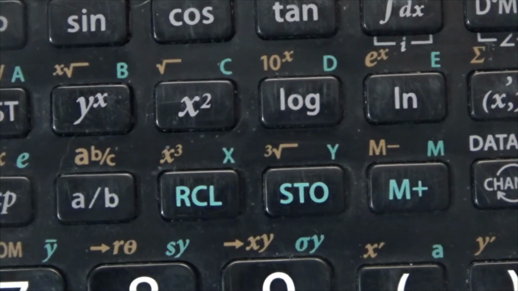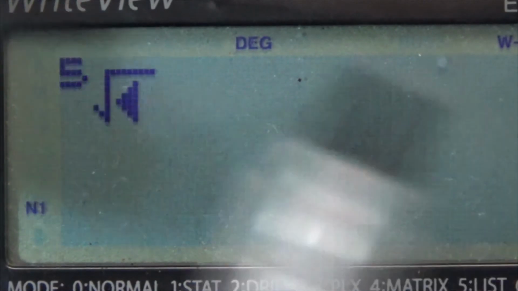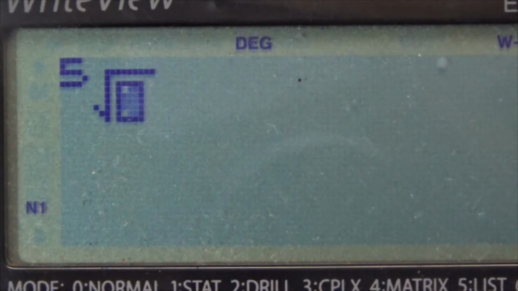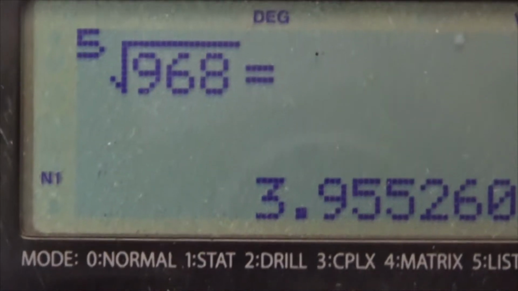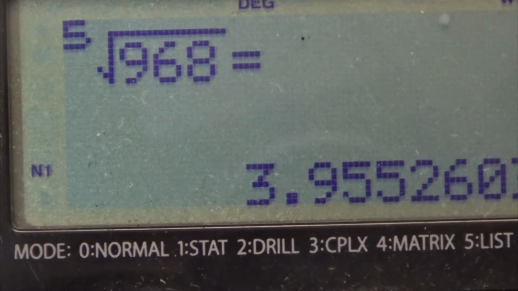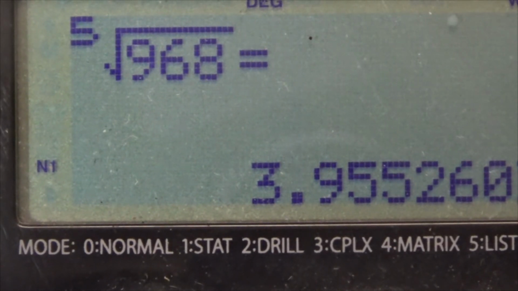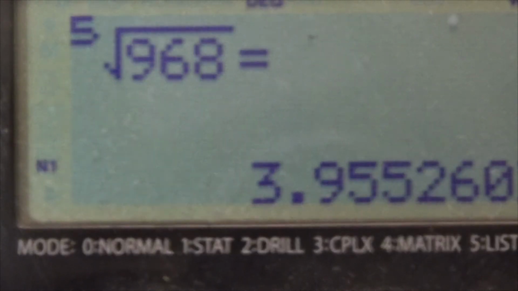Then I hit second function, and then that. And so my calculator looks like that right there. So if I wanted to take the 5th root of 968, like that, and I hit equal. So I would round that to 4. So the fifth root of 968 is 4.